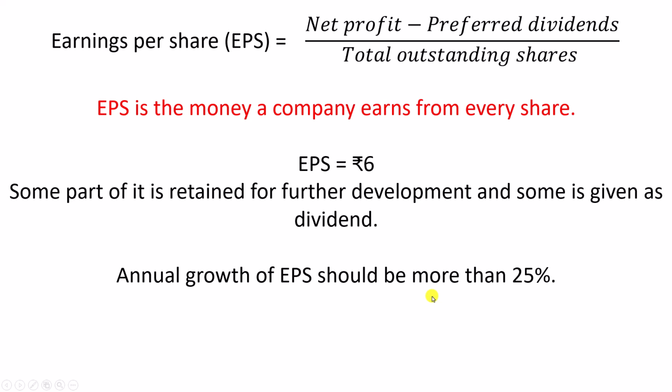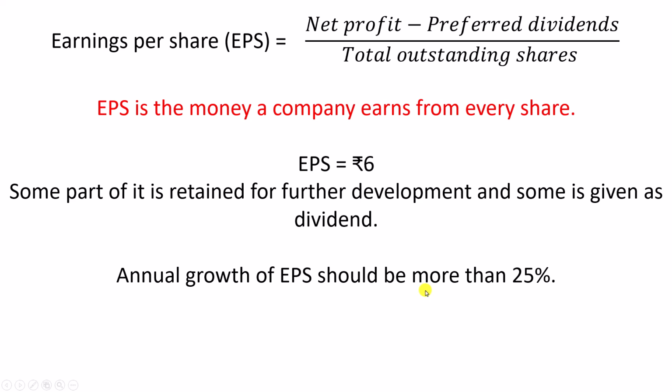Let us say that in the year 2021, the EPS of the share was 100 rupees. What we want is annual growth of minimum 25%. Meaning, in 2022, the EPS should be more than 125 rupees.